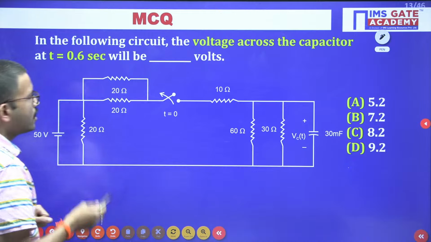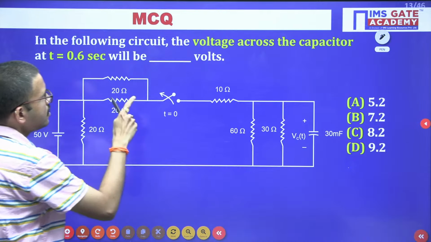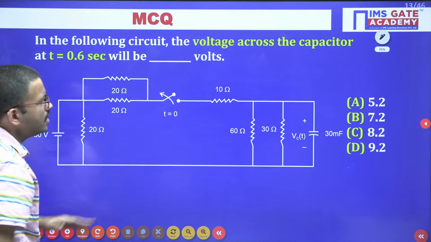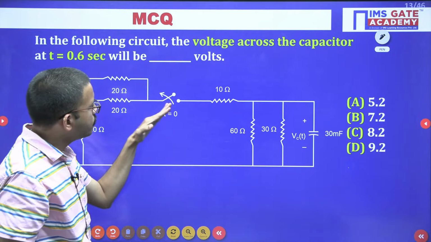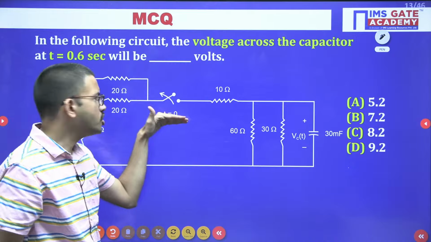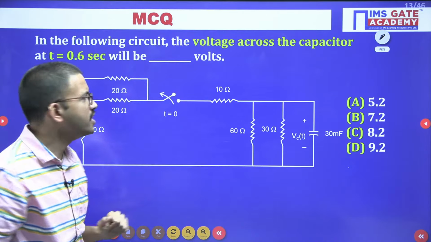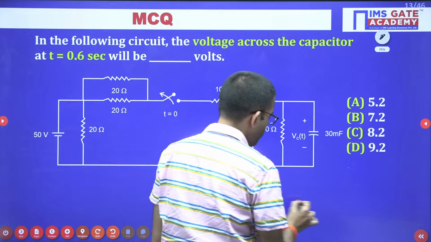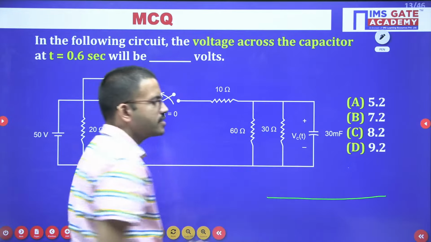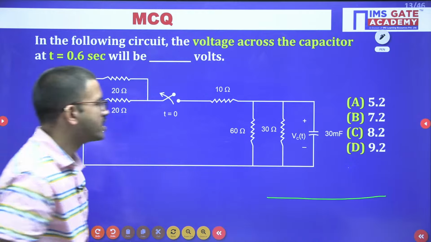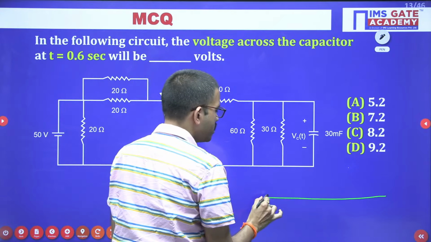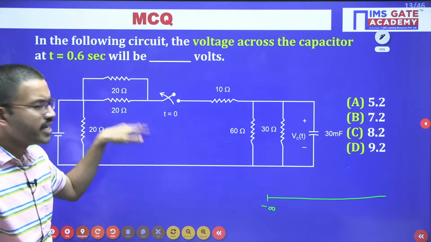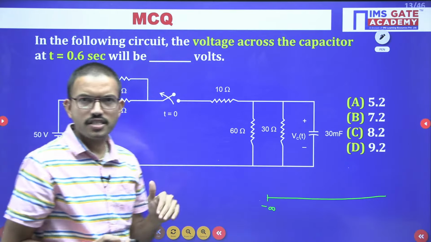Now if you observe this particular switch symbol, at t equal to 0 instant, we are opening the switch. So for the timing, I'm drawing the time axis. Say for example, you have operated the circuit already at t equal to minus infinity.